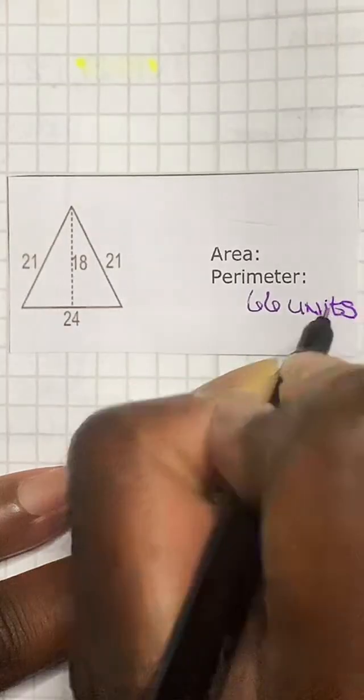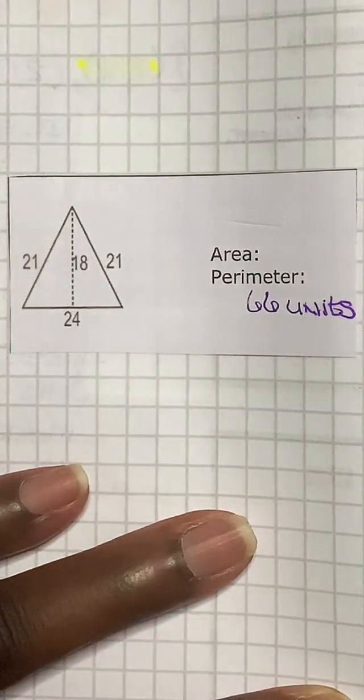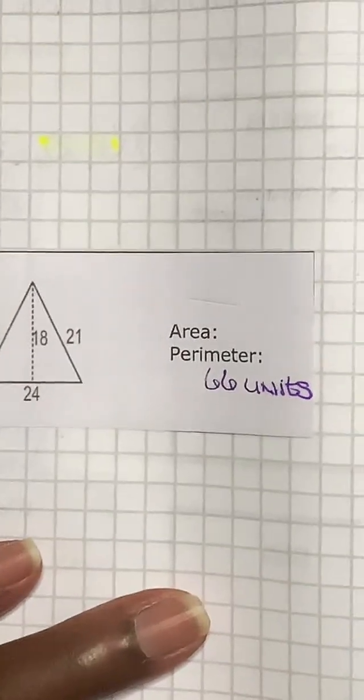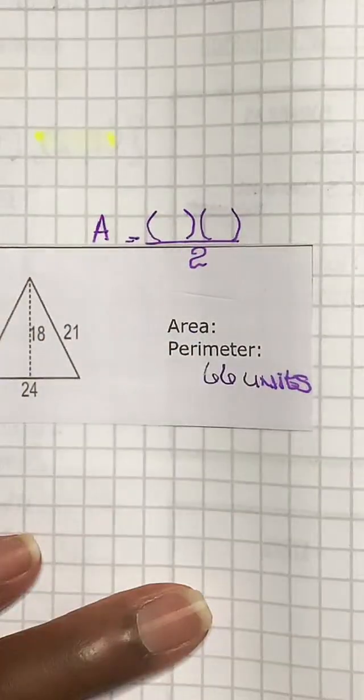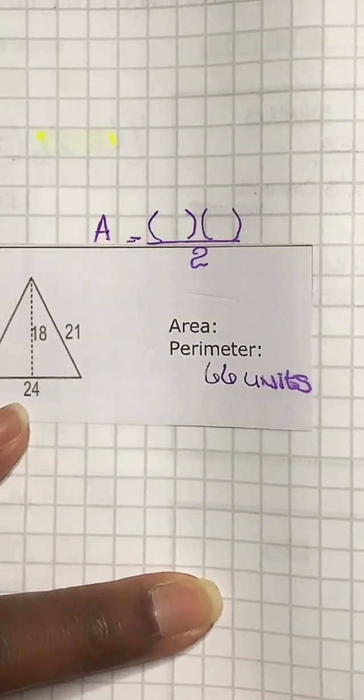But then let's take a look at our area. So remember, for the area, it's your base times your height divided by 2. Our base, the whole thing of the triangle, is 24. Our height is 18.